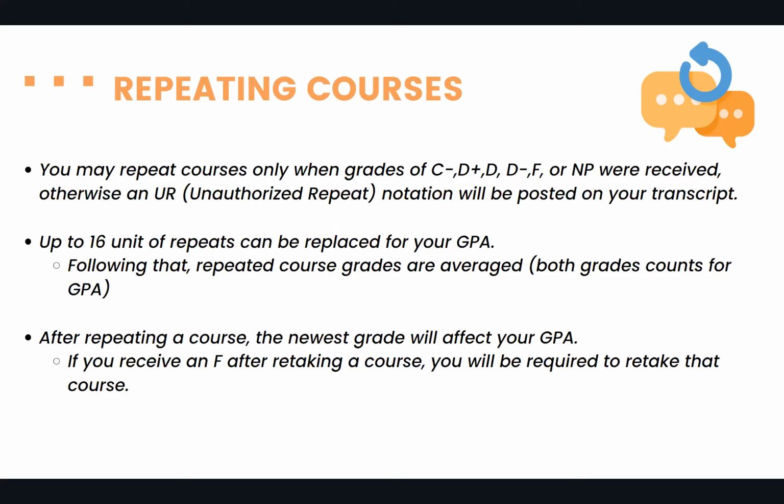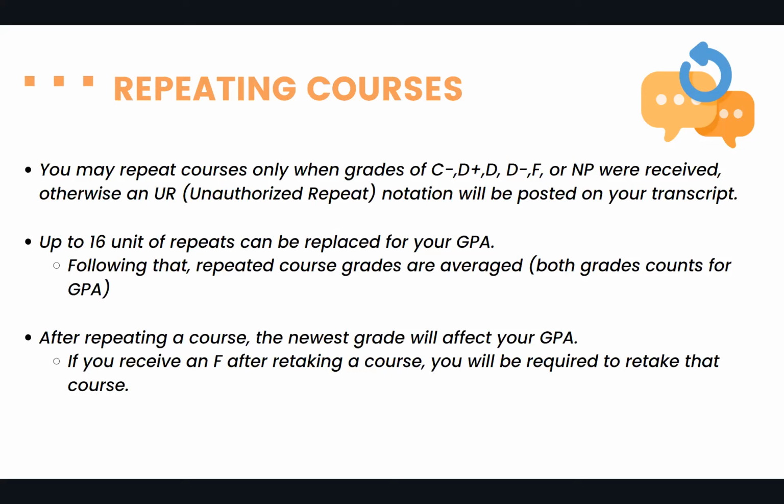Another thing to be aware of is that it's not the highest grade that stands on your record. Sometimes students are a little confused on this. If you get a C- grade in the fall and you repeat it again and you get an A, that's an ideal situation. The A grade will replace the C- grade and your GPA will be recalculated.